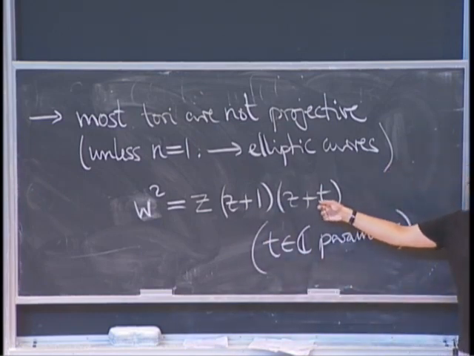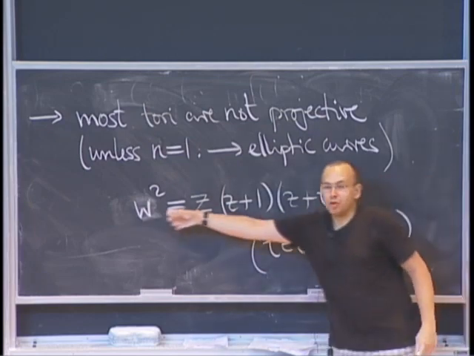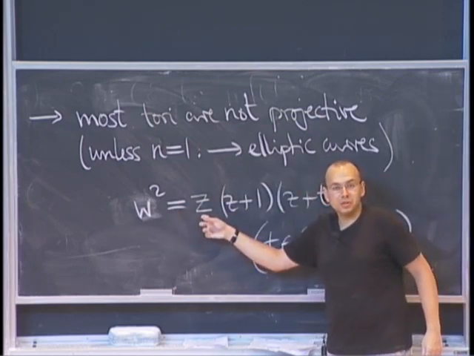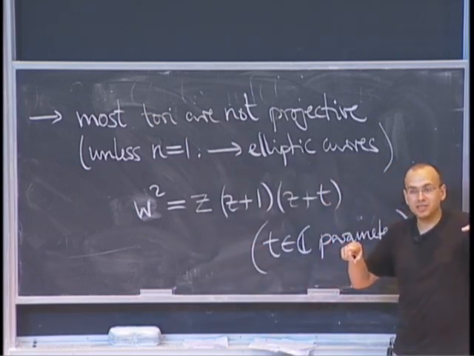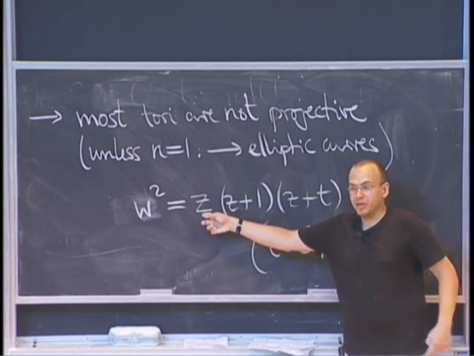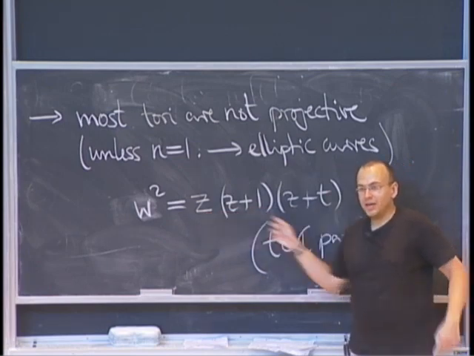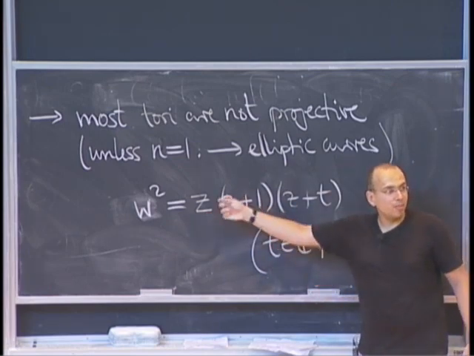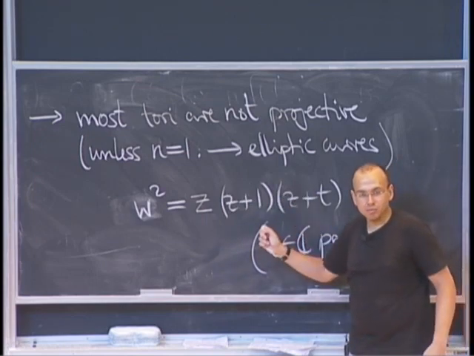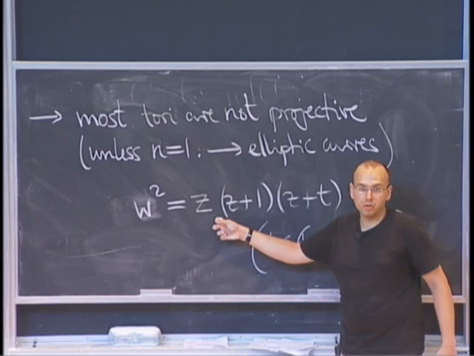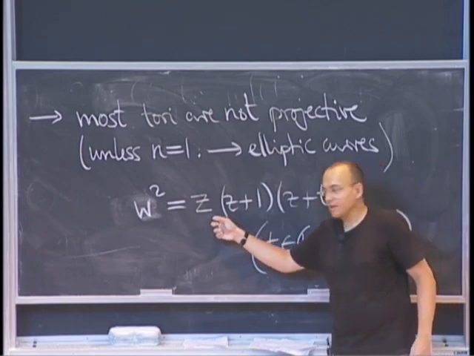So you have a parameter t, and you write down this polynomial in two complex variables z and w. That's going to give you an affine curve in C^2. You can pass to the projective closure in CP^2, and it's going to be given by a cubic homogeneous polynomial. And this one parameter family exhausts all possible isomorphism types of elliptic curves. Up to isomorphism, each elliptic curve occurs once and only once as a member of that family.